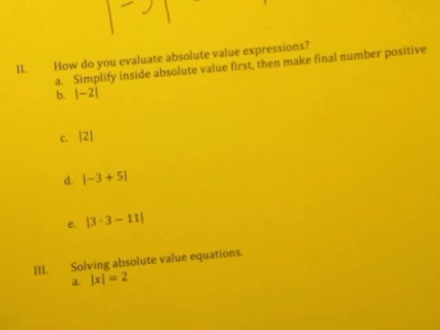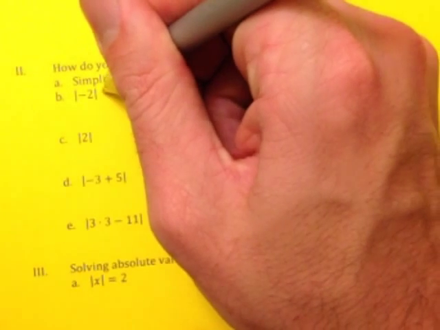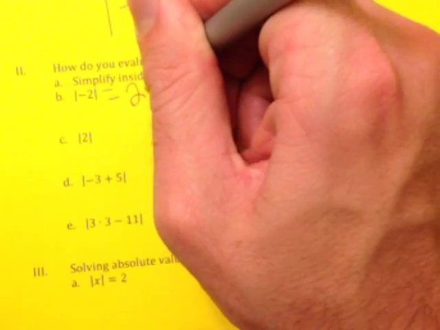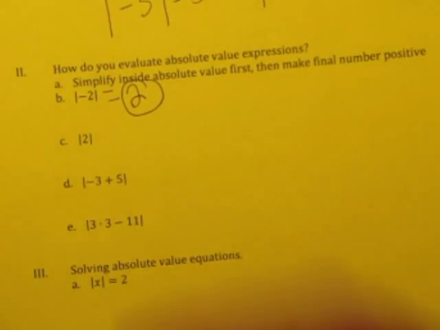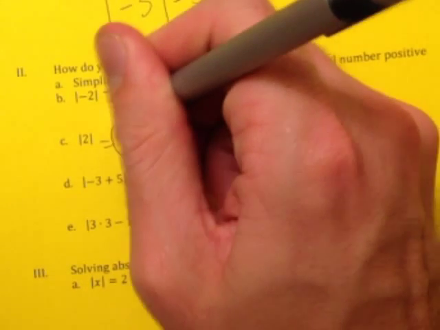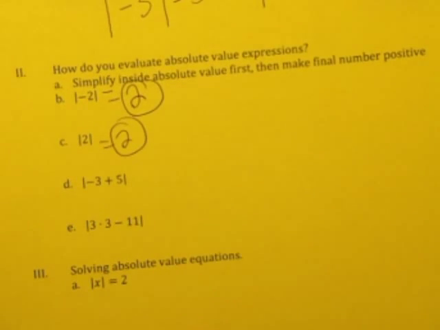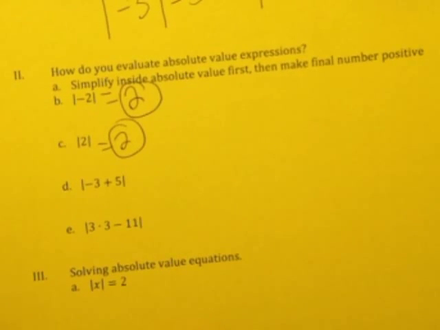Okay, for B, we already simplified down to one number, and it will turn that number positive and make it 2. C, also 2. It will take the number that's already positive and just keep it positive. D, this is tricky. You can't turn that -3 positive first. The absolute values also act like parentheses. That's why I said simplify inside the absolute value first.